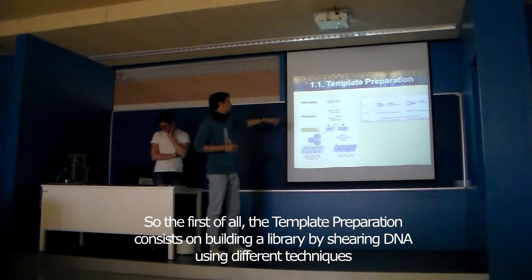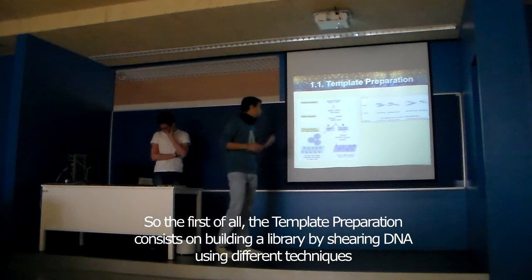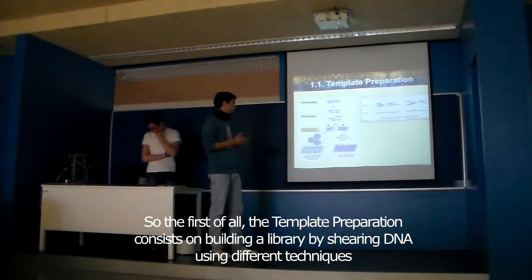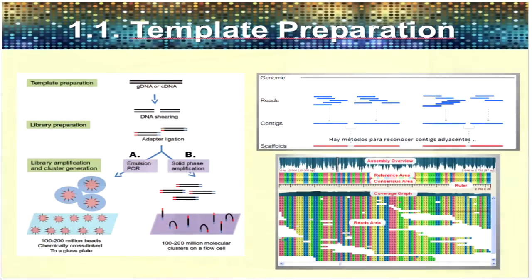So, first of all, template preparation consists of building a library by shearing the DNA with different techniques, and after that we ligate different adapters. This example is using paired-end sequences. When we have the library of genomic DNA or copy DNA, we amplify it mainly using emulsion PCR.